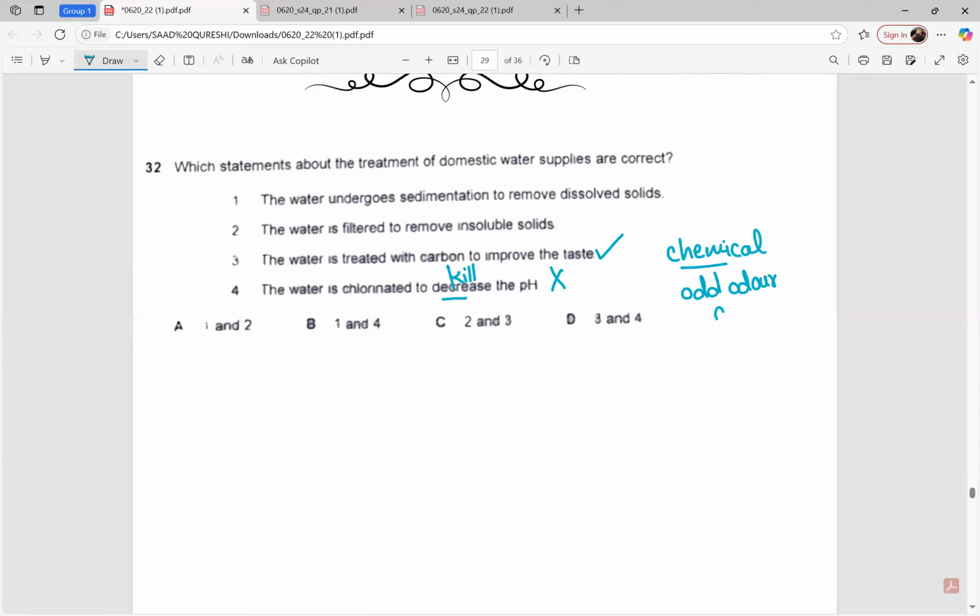So we use carbon, which absorbs all these chemicals. The water is filtered to remove insoluble solids. This one is correct. So the answer is 2 and 3. This is not correct because sedimentation is used to remove undissolved solids.